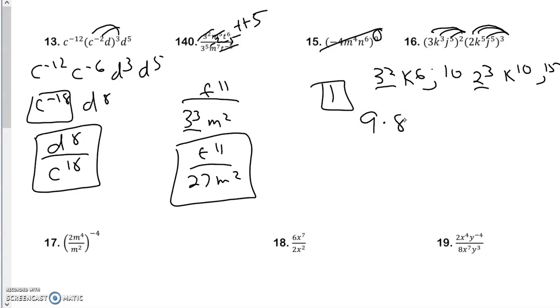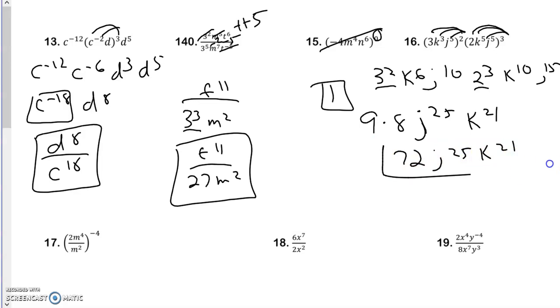I'm going to add my exponents, and I'm going to put the j first because we have to do it in alphabetical order, so it's going to be j to the 25th, and then k to the 21st, and 9 times 8 is 72, j to the 25th, k to the 21st.